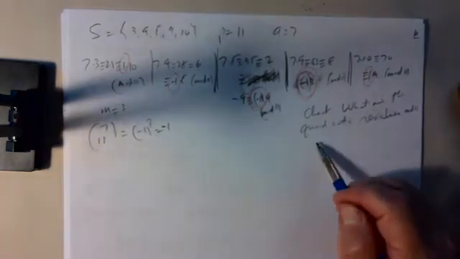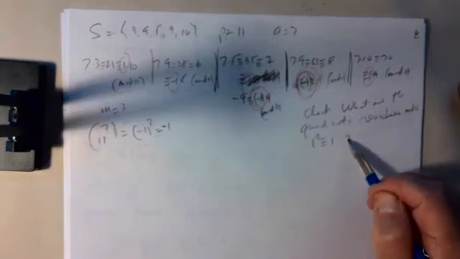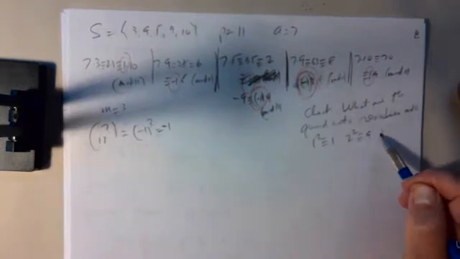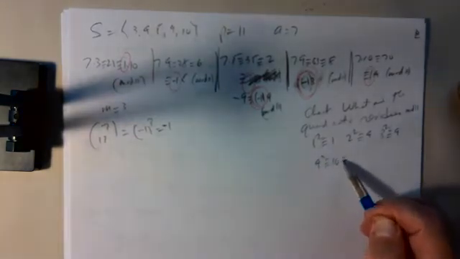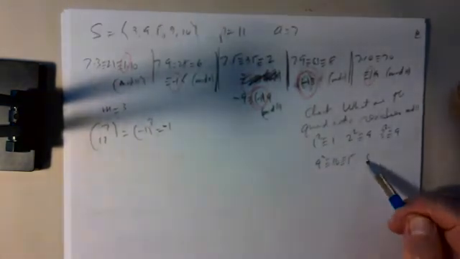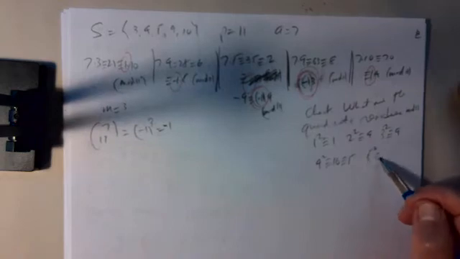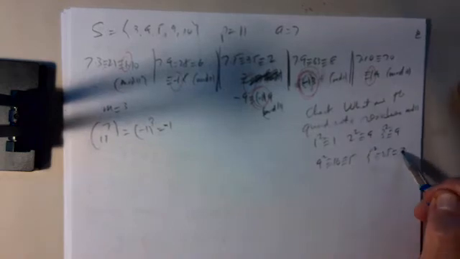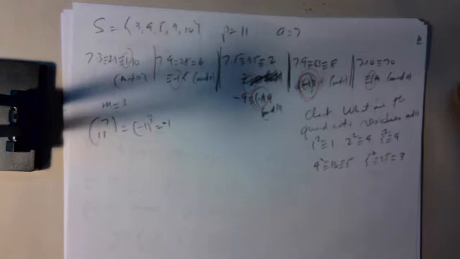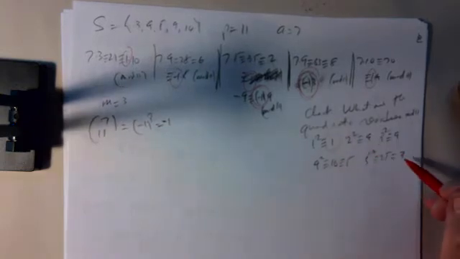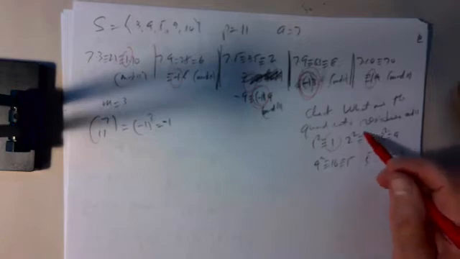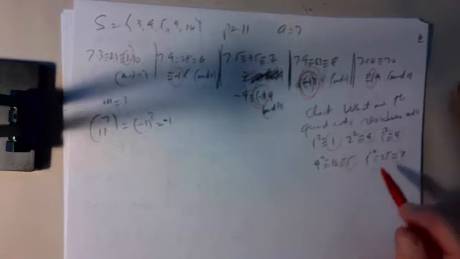Well, they're the squares. 1 squared is 1, 2 squared is 4, 3 squared is 9, 4 squared is 16, which is 5, 5 squared is 25, which is 3. And 6, 7, 8, and 9 are just the negatives of these. So the quadratic residues modulo 11 are 1, 3, 4, 5, and 9.